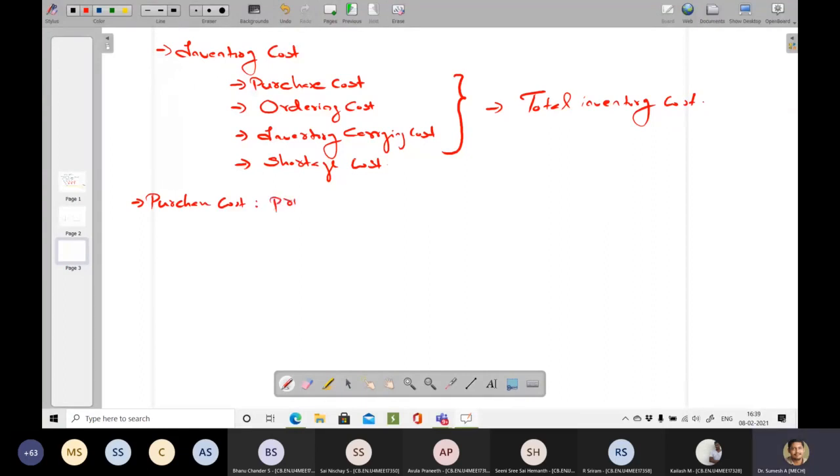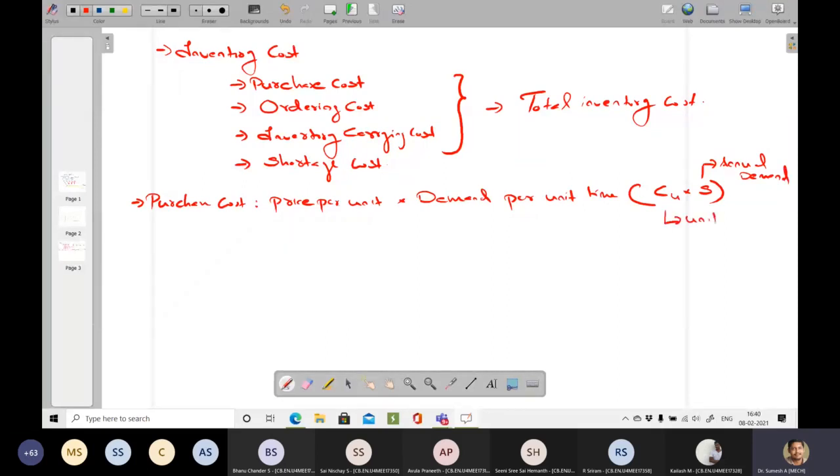So I can say that it is Cu into S, where Cu is the price per unit, and S is the annual demand. So S is my annual demand and Cu is the unit cost.